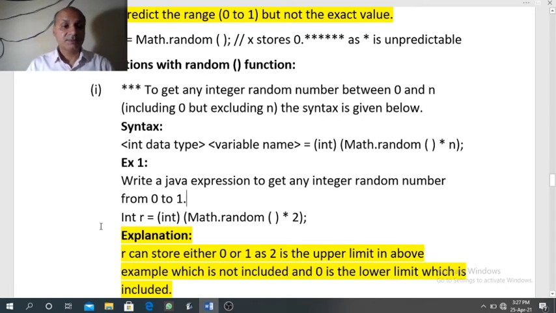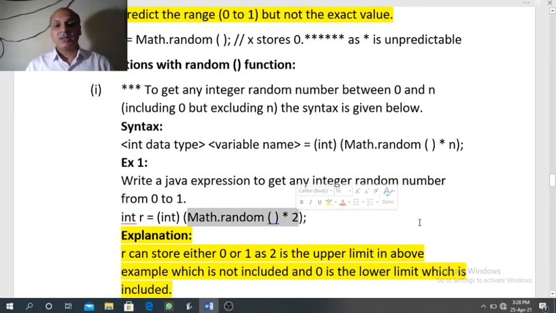In that case, int r, int data type here, typecasting, Math.random() * 2. Here 2 is the upper range. It means the number will be less than 2. 2 will not be included, but 0 will be included.